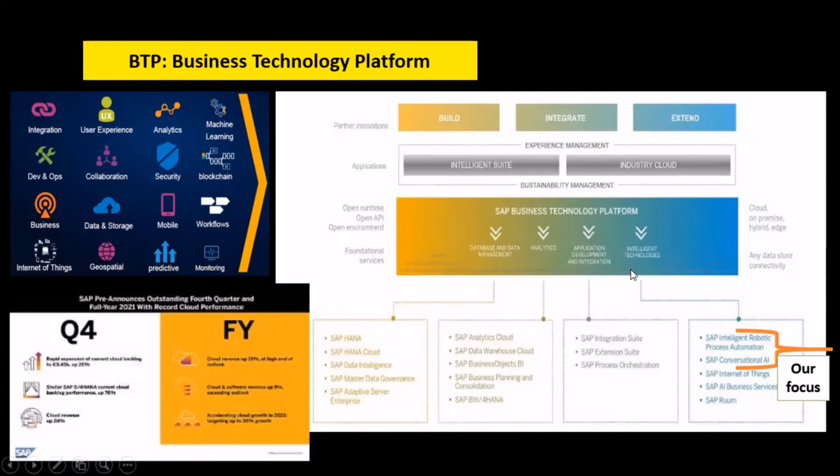And in the fourth one, we have intelligent technologies, where we have RPA, conversational AI, that is CAI, and IoT. Then you have RUM and various AI/ML-based processes. Many services are considered under intelligent technologies.